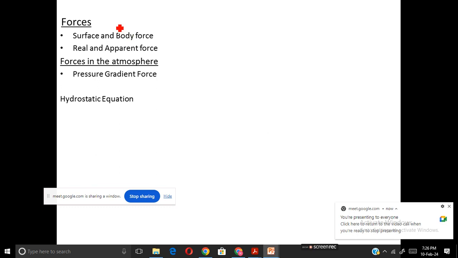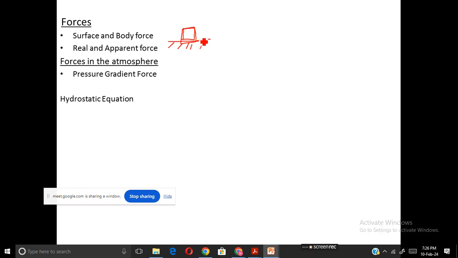Suppose this is one body and this is the surface. The force that is acting here is known as Fs, or F surface. It is independent of the mass of the body. Frictional force is an example of surface force. It just acts on the boundary between two mediums.